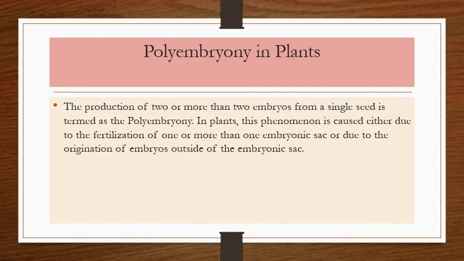Polyembryony in plants. Polyembryony is termed as the production of two or more than two embryos from a single seed. It is a type of apomixis during the autonomous development of supernumerary embryos, which takes place in the seed, and as a result, genetically similar progenies are developed.